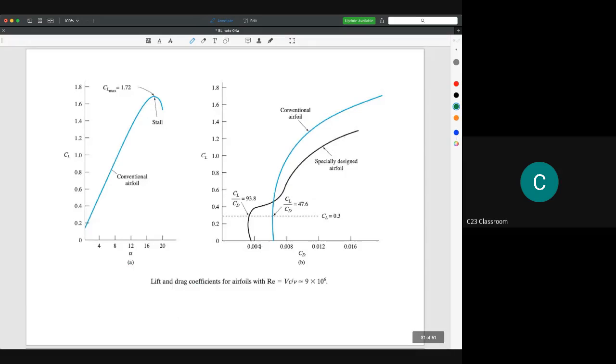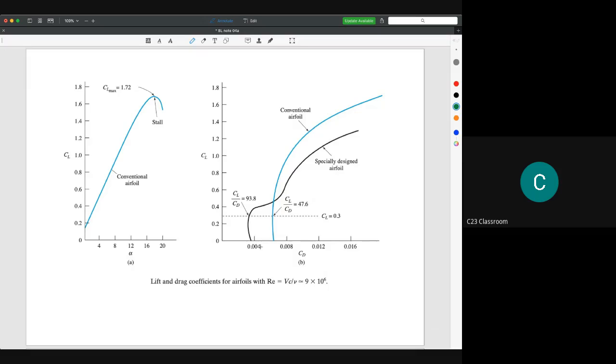So what is the beauty of the airfoil here? Normally with a common shape of object, we could say that when the velocity increases, the drag force and the lift force will keep increasing.